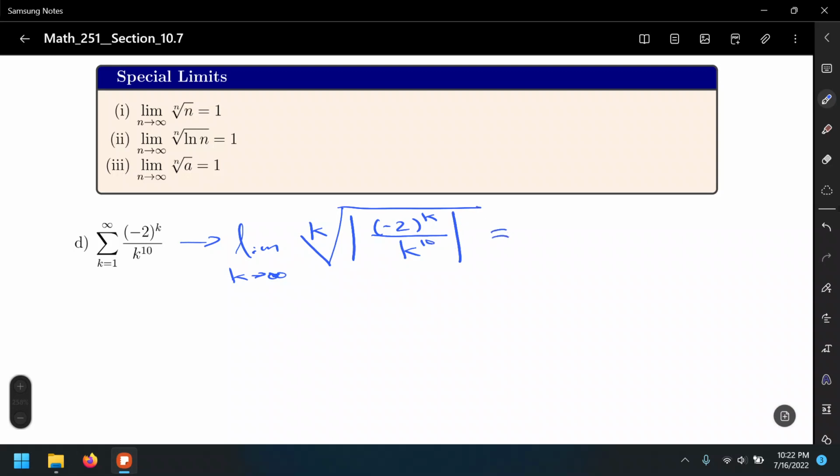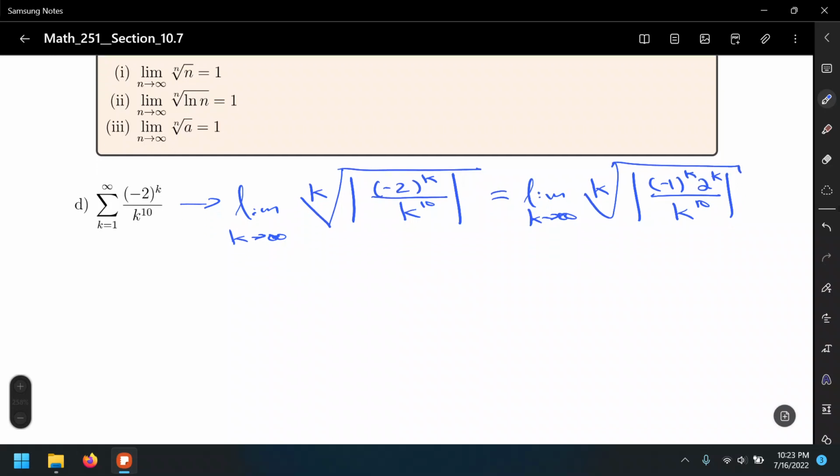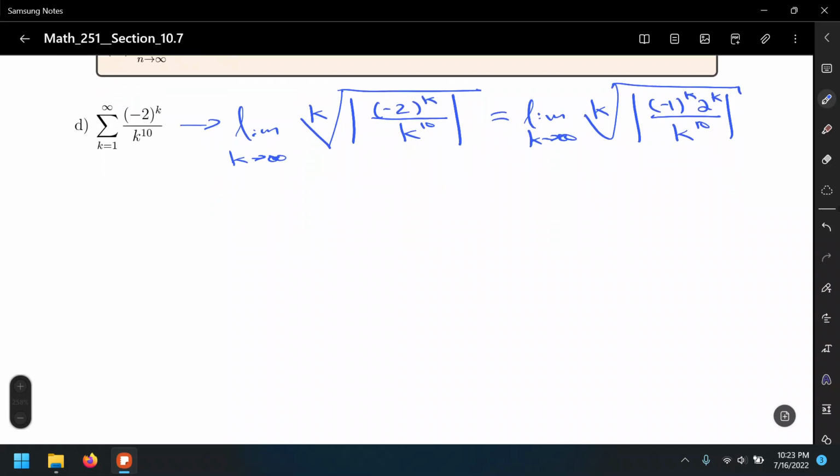In this case, let's rewrite this negative 2 to the k as the kth root of, number 1, the absolute value of negative 1 to the k, times 2 to the k, over k to the 10th. And in this case, let's take the limit.